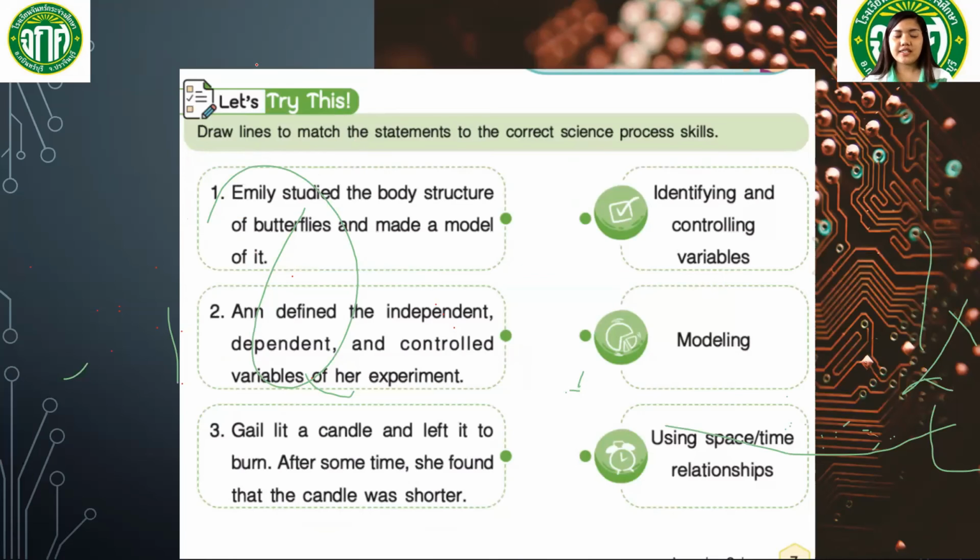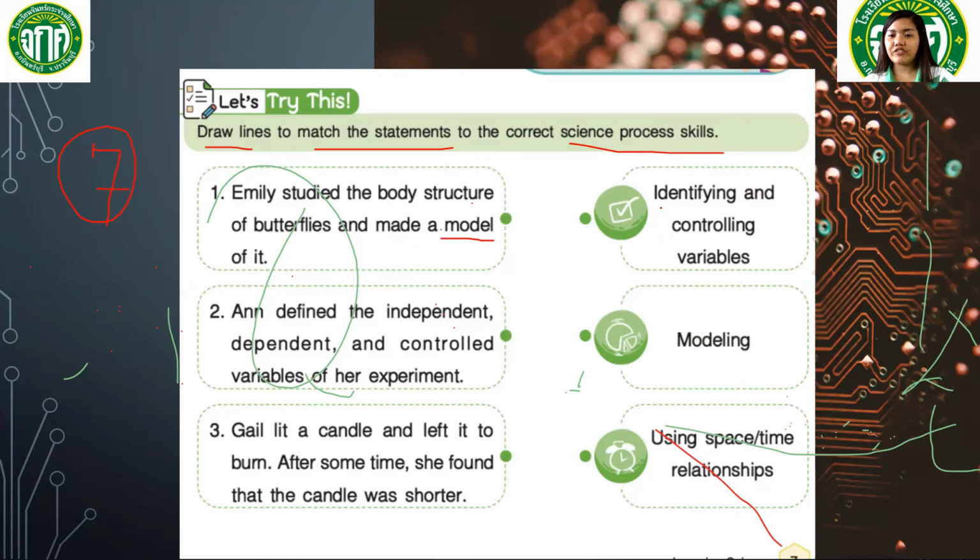Okay, so let's move on to our activity. You are going to draw lines to match the statements to the correct science process skills. Let's say, for example, number 1. Emily studied the body structure of butterflies and made a model of it. So she made a model. What do you think is the answer?